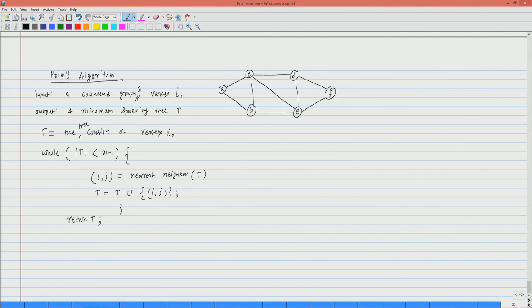Now, I write down their weights: 0, 2, 5, 5, 4, 3, 4, 2, 1.